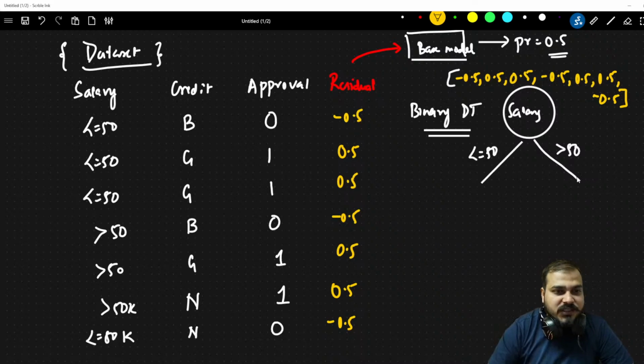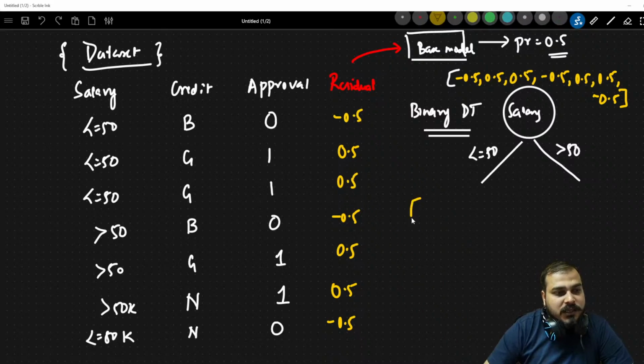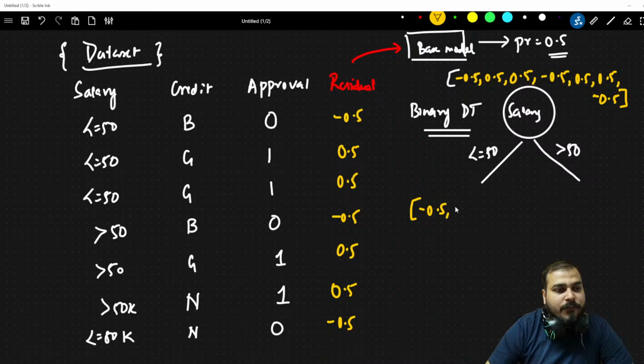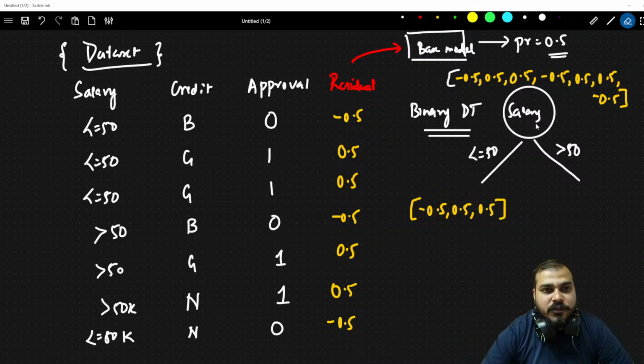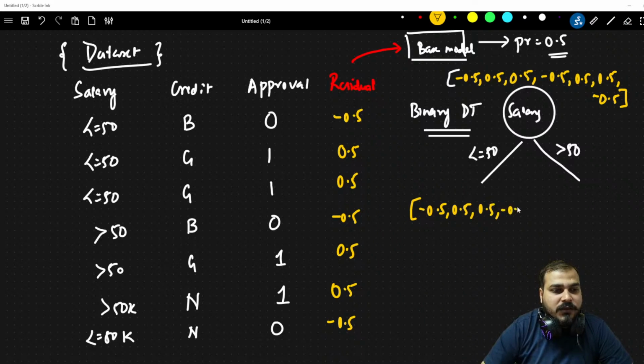Suppose I make this split, less than or equal to 50. For less than or equal to 50, the residuals are minus 0.5, then 0.5, then 0.5, and one more, the last one, which is minus 0.5.